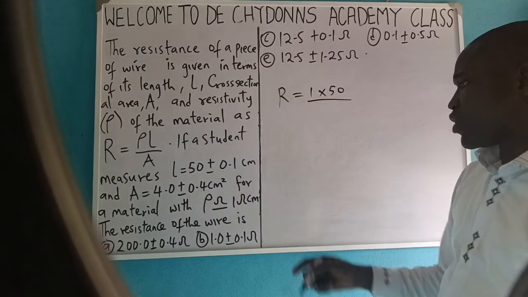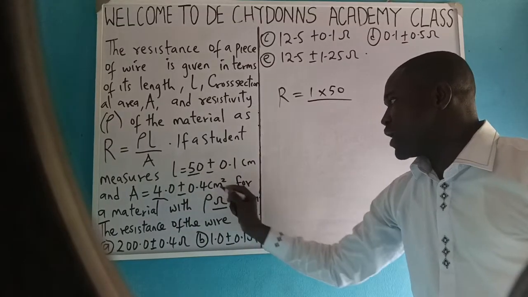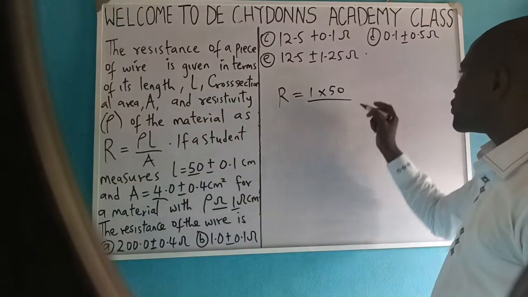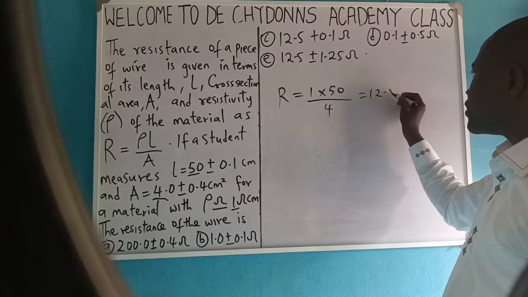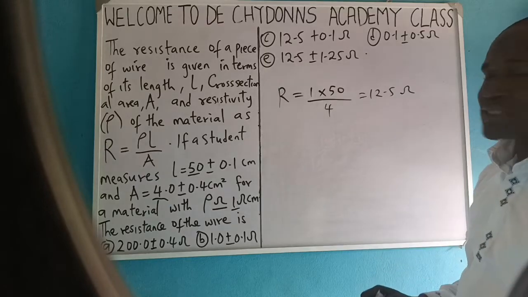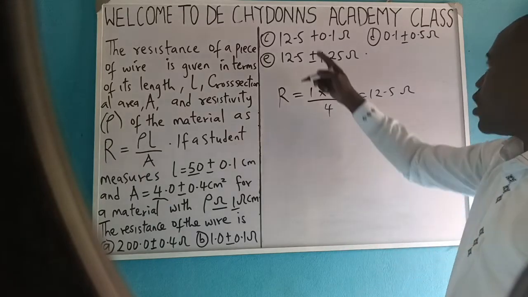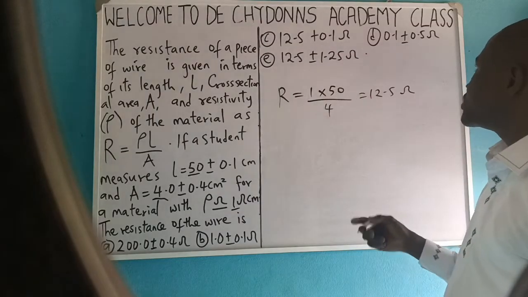All over what is your A? 4. This is your A, this is your L, and this is your R. So 50 over 4 will be giving you 12.5 ohm. That is what it means. So the option that goes by 12.5, which is option C and E, is what we will be looking at.